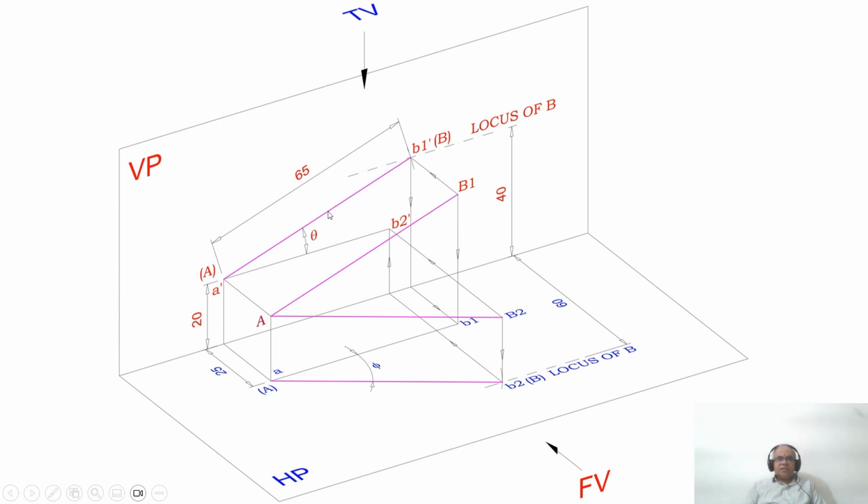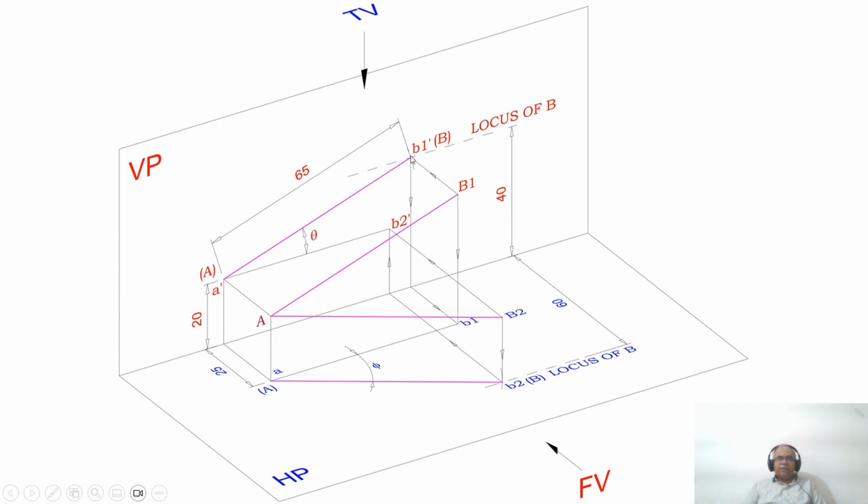How do I know that it is the true length in the vertical plane? That is because both capital A and capital B1 are in front of VP by 25 mm. Therefore, the line is parallel to VP, and since the line is parallel to VP, I am getting the true length in VP.